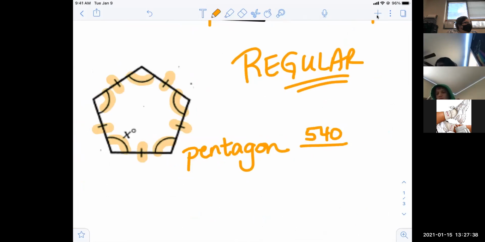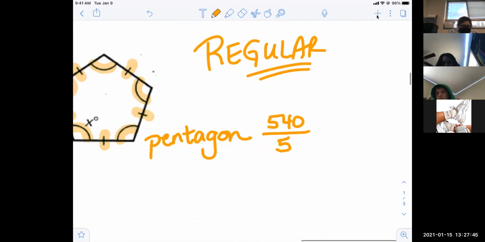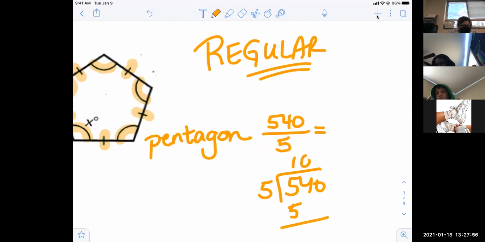Since it's a pentagon, you would be dividing that by what? 5. And that would tell you each angle is, 5 goes in once, 108.